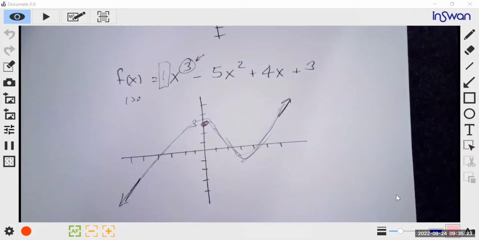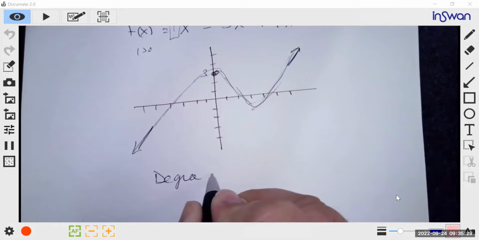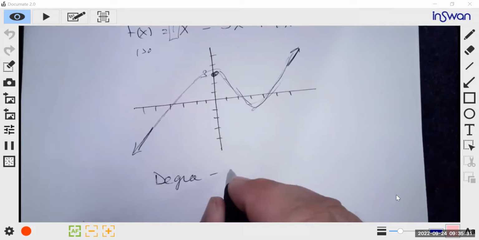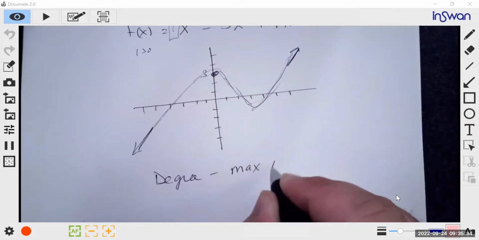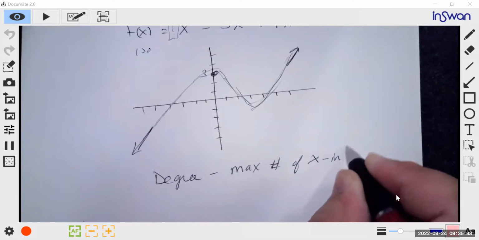Why do I think it looks something like that? Because the degree tells us the maximum number of x-intercepts.